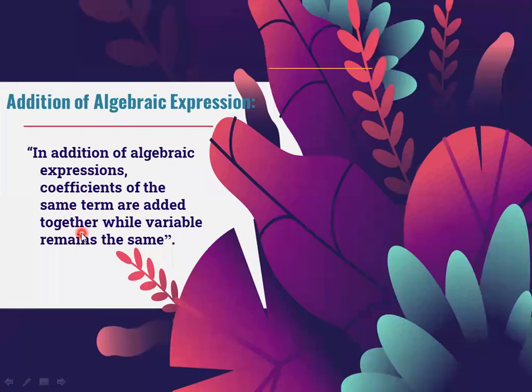Please keep in mind that the coefficients, that is 2, 3, 4, 5 written before the variables, will be added together for the same variable. The variable remains the same, means you will not touch the variable, and you will not touch their powers. We perform addition of powers in multiplication, so you have to keep a difference between addition and multiplication.